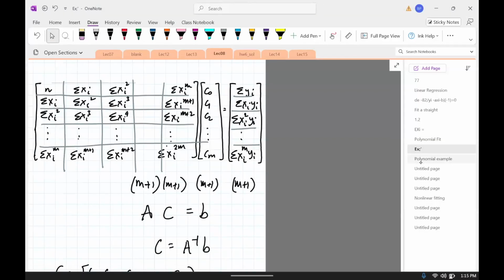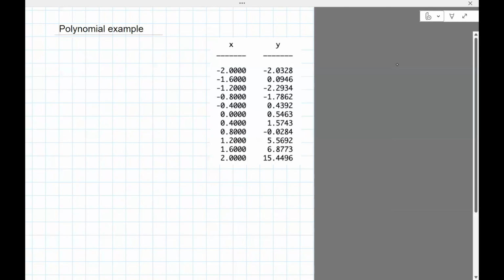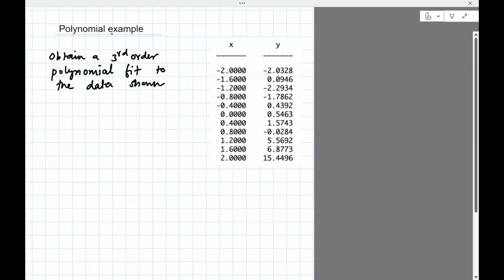Okay, I did some work this time and I just put this down. This is basically some XY data, and the question is: obtain a third order polynomial fit to the data shown on the right.